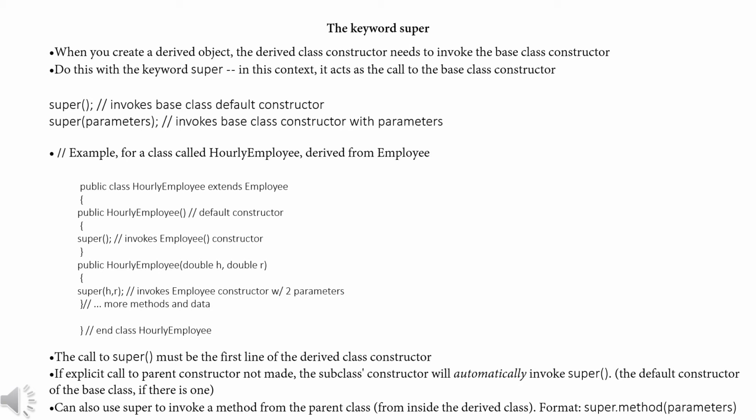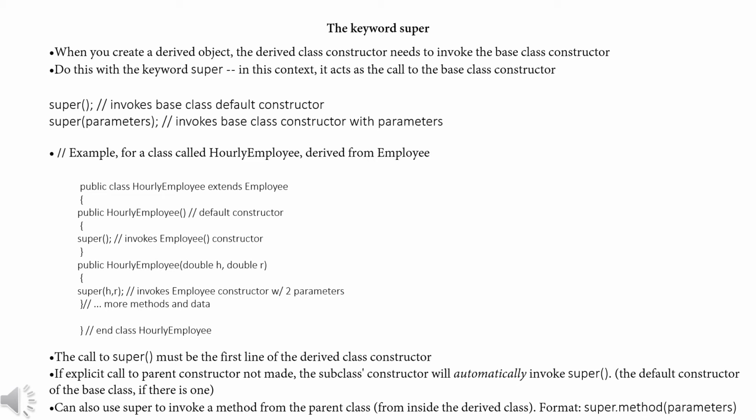For example, we have two classes, employee and hourly employee, and hourly employee is the subclass for the superclass employee. So public class hourly employee extends employee, right? And then we have the constructor, for example, hourly employee for this class, as you see here.